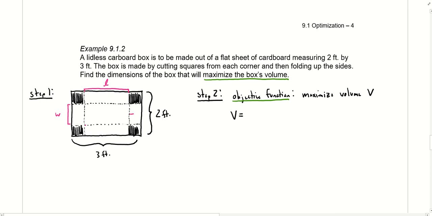So for my height, I can think about that as that little height or width of the folded over part. So this width is the width of the base of the box. This height is the width of those pieces that we're folding over, because once they're folded over, that's like the height dimension. So here, when I think about volume, I can think of it in terms of length times width times height.